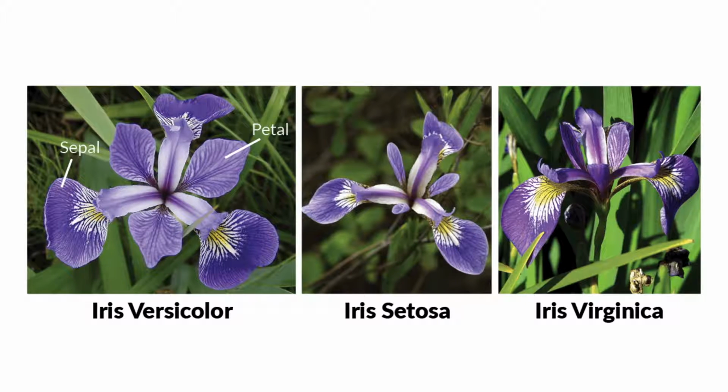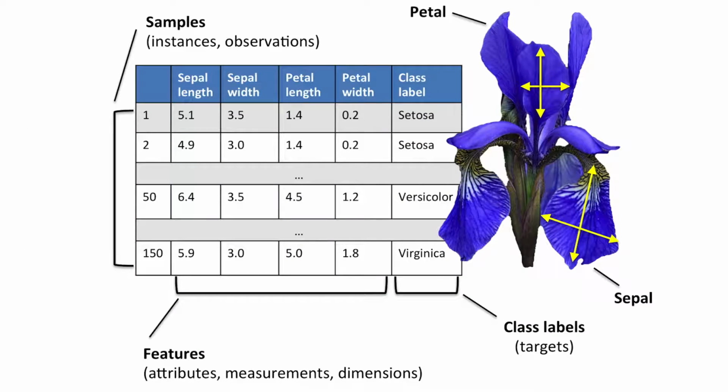The objective is to identify the iris flower type, whether it is versicolor, setosa, or virginica, based on the measurements of sepal and petal. This dataset is represented as a table. Each sample or observation is a row. As there are 50 samples of each variety, there are 150 rows.